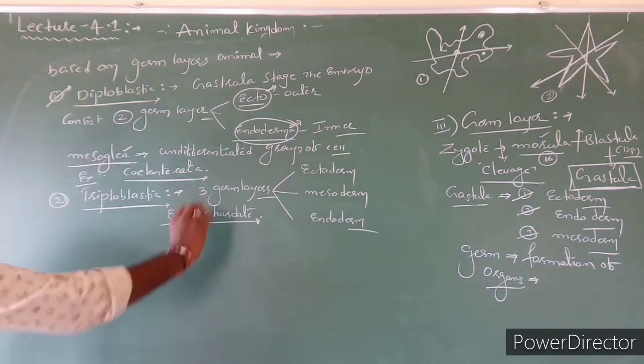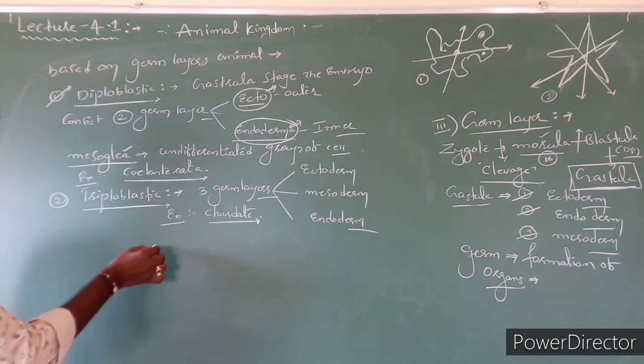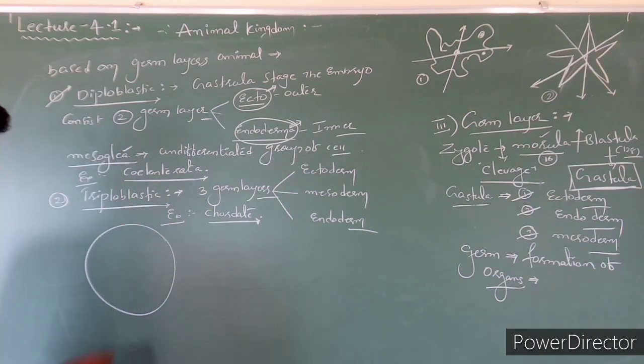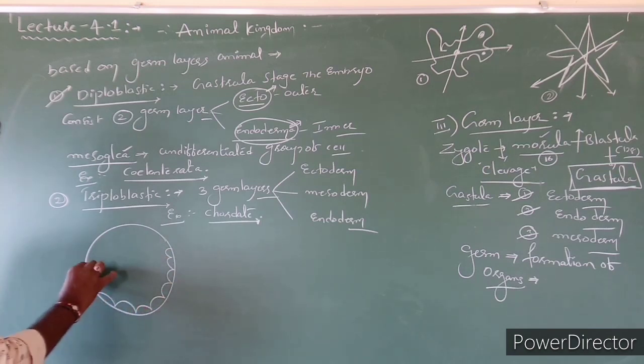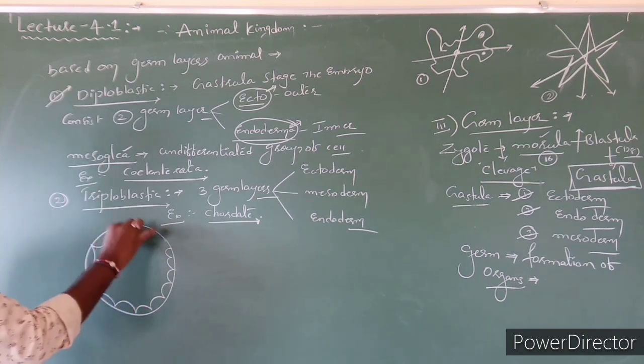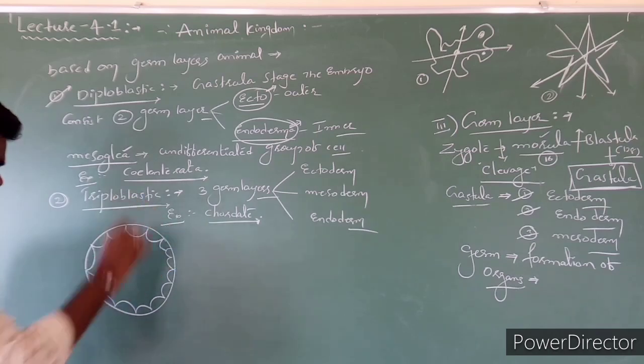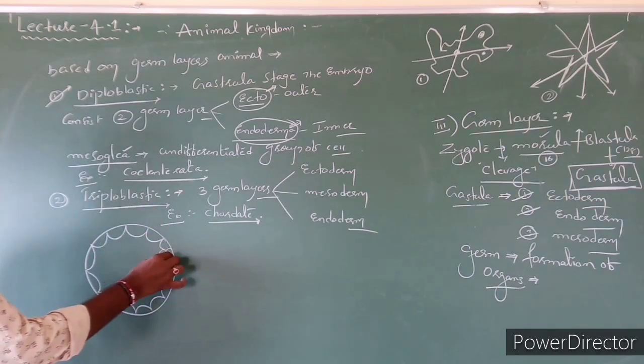Let's see the diagram. A very simple diagram for diploblastic. Here one layer of cells we can notice. Clear? Then one more layer also.